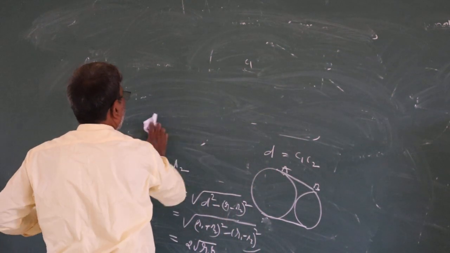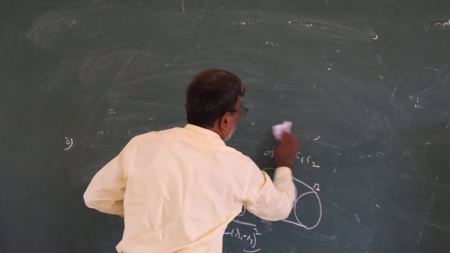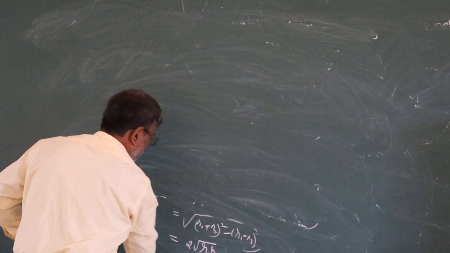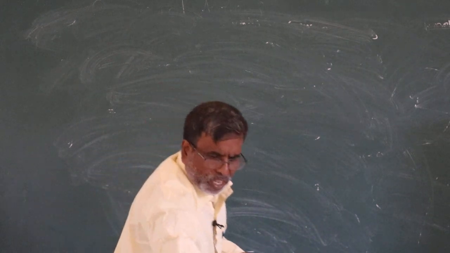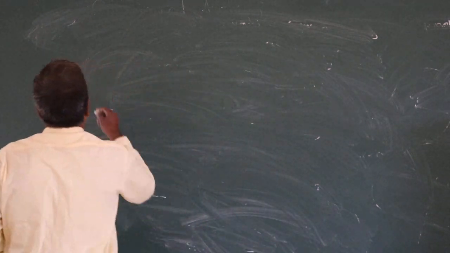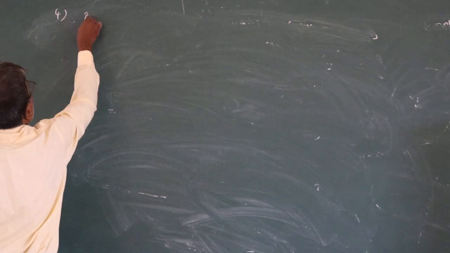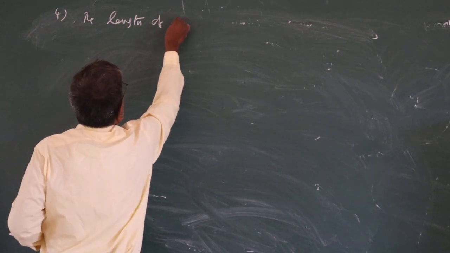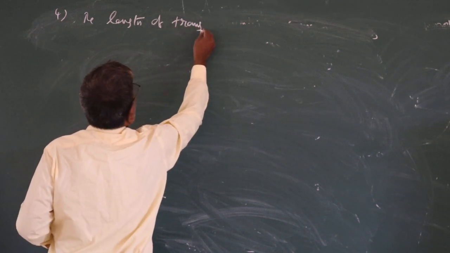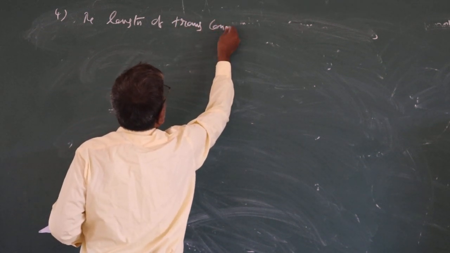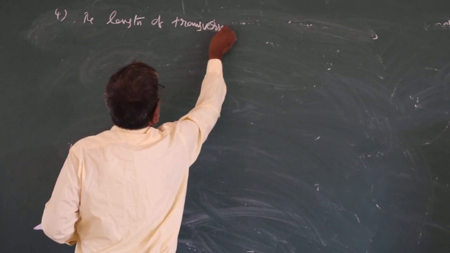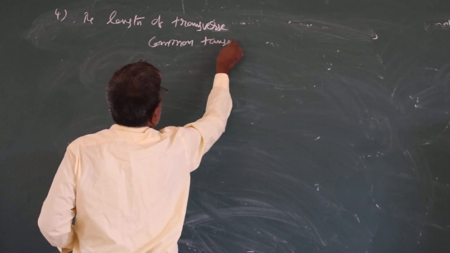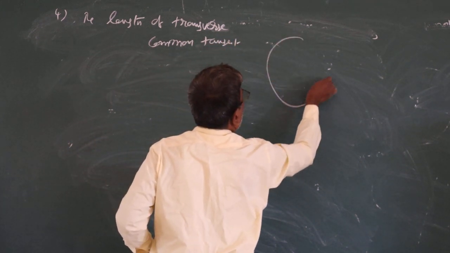Now the next shortcut, the fourth shortcut, is the length of the transverse common tangent. Here the two circles do not intersect.